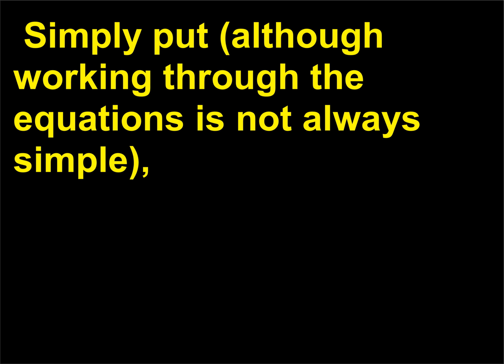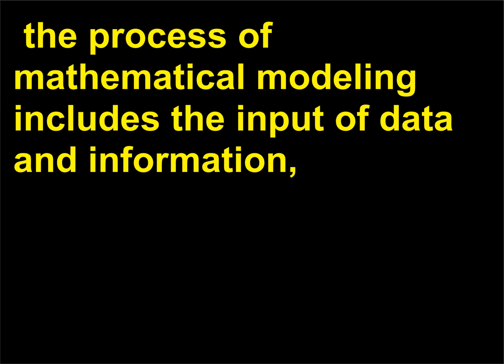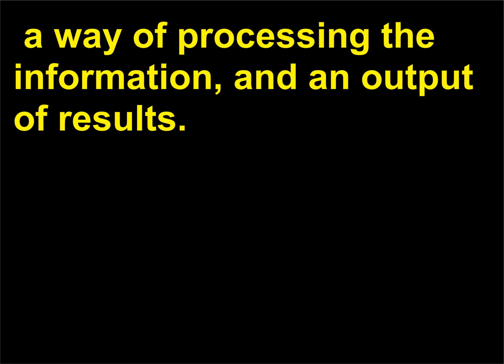Simply put, although working through the equations is not always simple, the process of mathematical modeling includes the input of data and information, a way of processing the information, and an output of results.